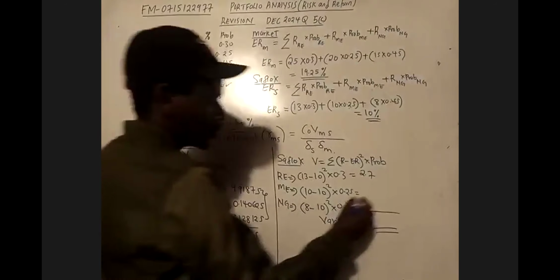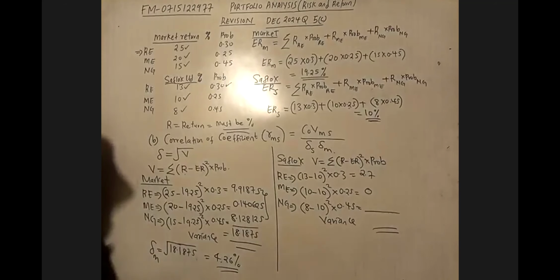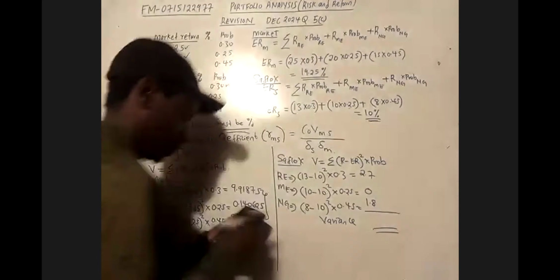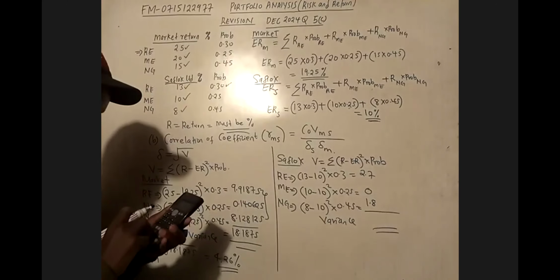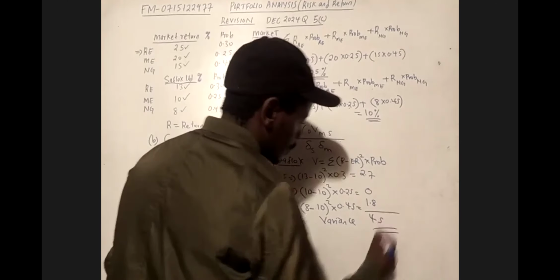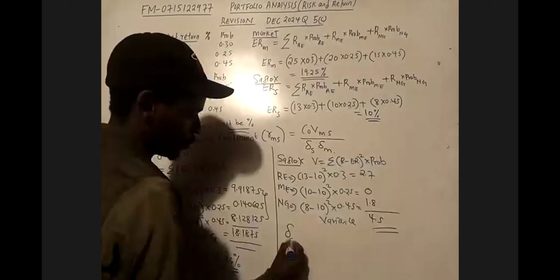Then this one is 0 minus 0, which is 0 squared, 0 times the answer is 0. Then 8 minus 10 squared times 0.45, which is 1.8. So 2.7 plus 1.8 is 4.5.